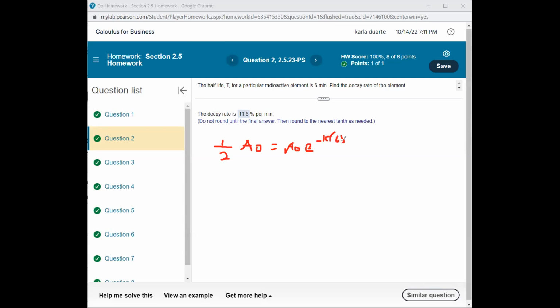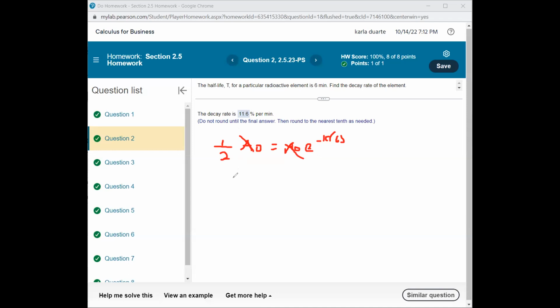You can go through, and these A sub 0 are going to cancel. I just made 1/2 a decimal. And if you solve for K, now, the other thing that happens is you end up with a decimal here, and it asks for the percent.